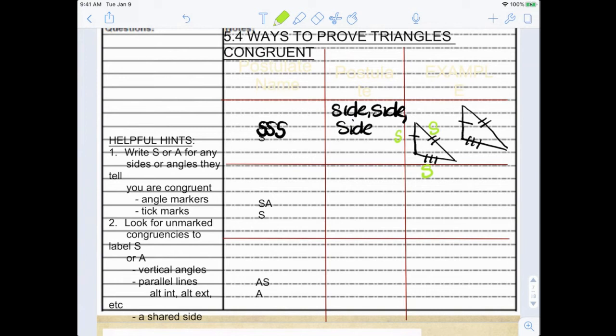I know my triangles are congruent. So basically, if I know any of these are true, I know the triangles are congruent. It's a proof.